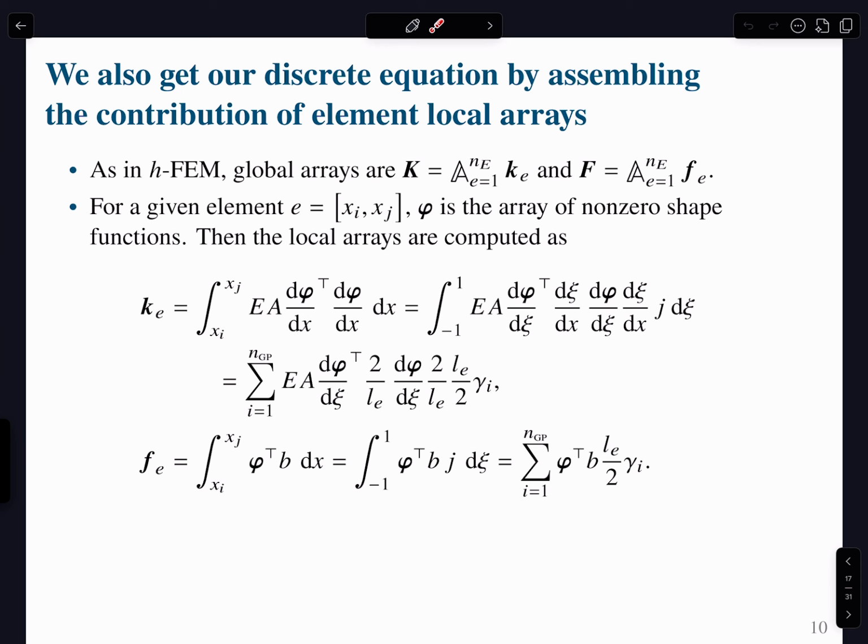So now I'm dealing with a subparametric formulation. So these guys here are going to be higher order, right? But the Jacobian is still going to be the length of the element divided by 2, and so the inverse of the Jacobian is 2 divided by the length of the element, right? So all of that is going to remain constant.